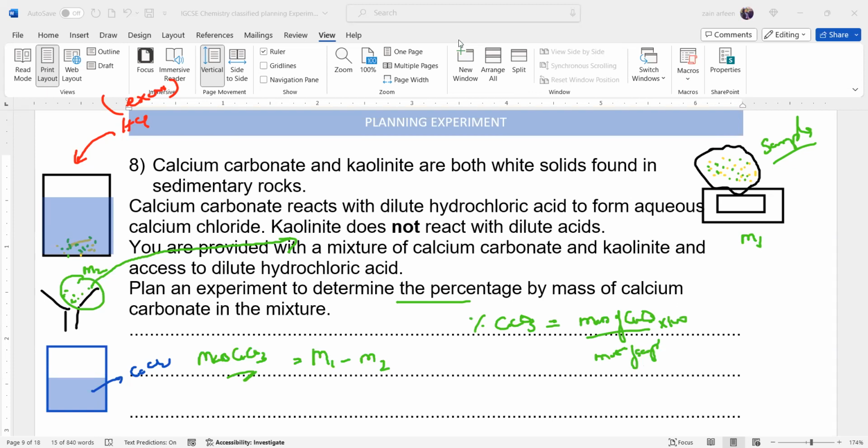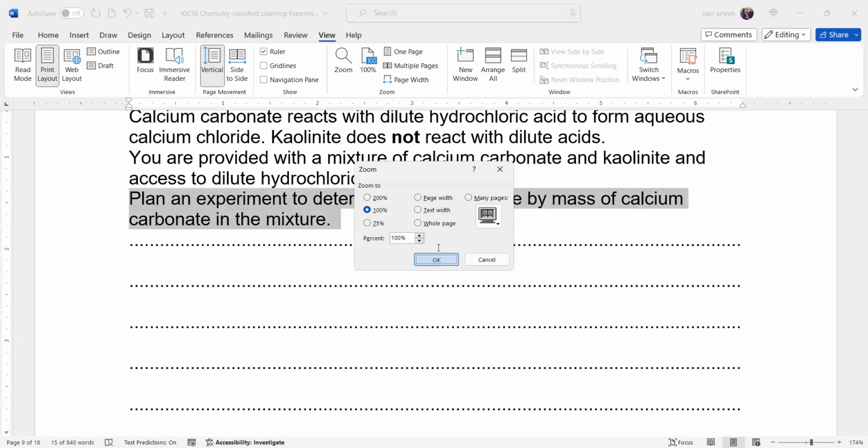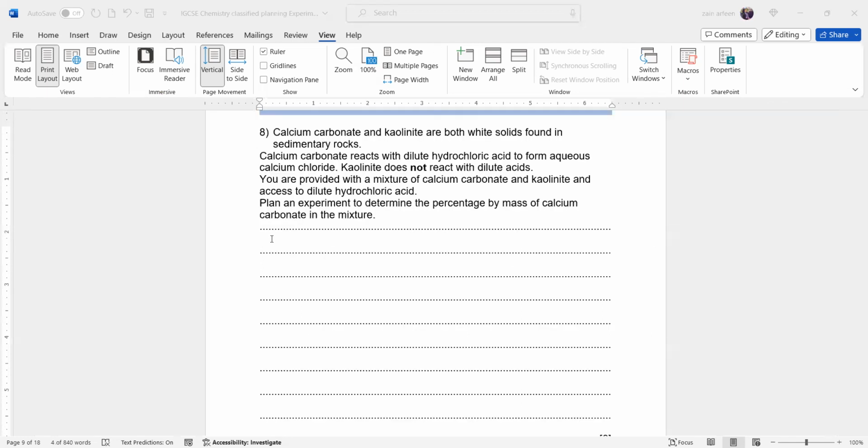Now, how to write this in detail? Whenever you are planning an experiment, try to include maximum apparatus. So first we will measure the mass of the sample. How can we measure the mass of a sample? By balance. For example, call this M1. You can use variables here.